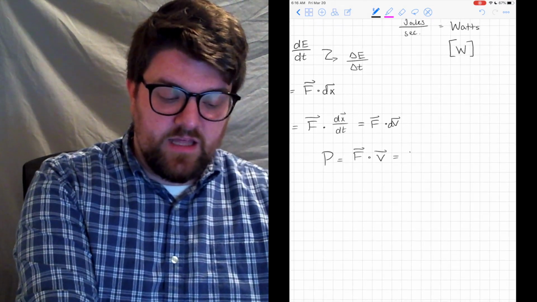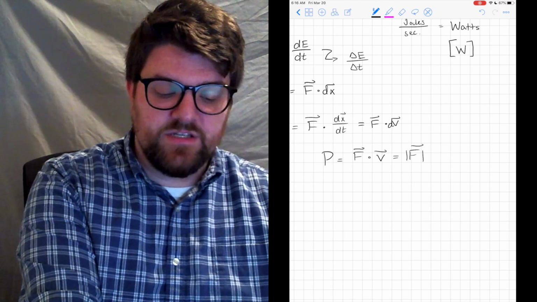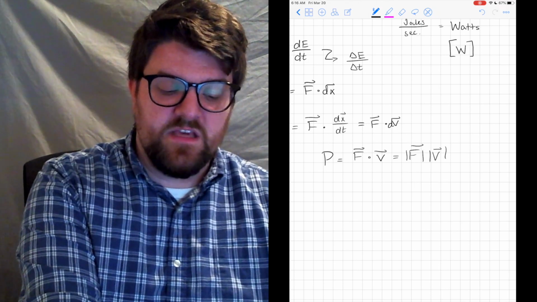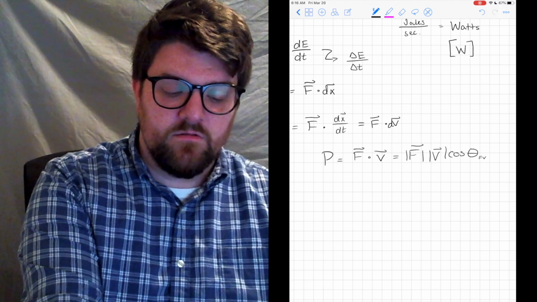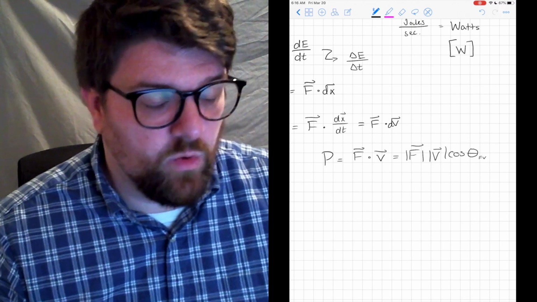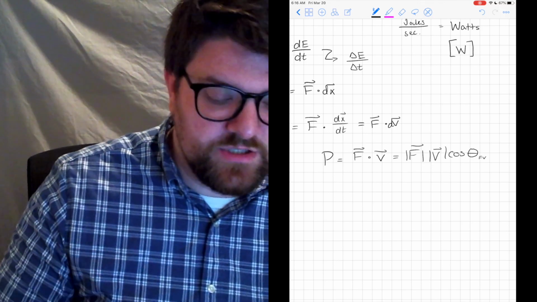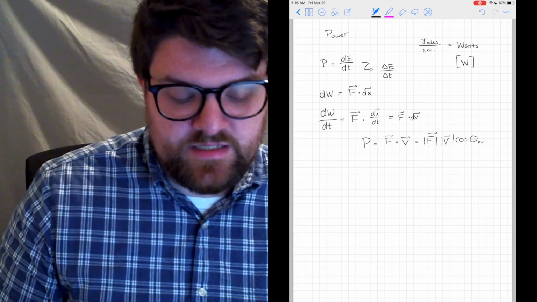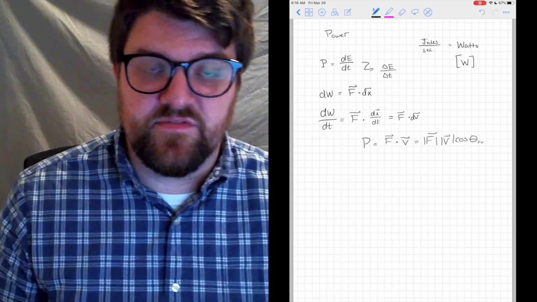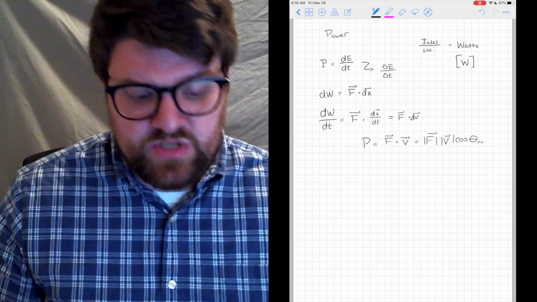Another way of saying that, if I think about just the magnitudes of F and v times cosine of the angle between them, I can calculate the power of a system. I think this is actually a really useful expression, especially for a couple problems from the chapter. So keep this in your back pocket.